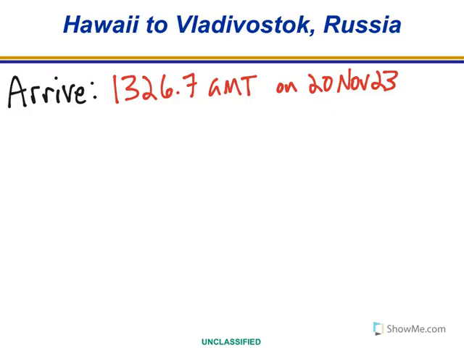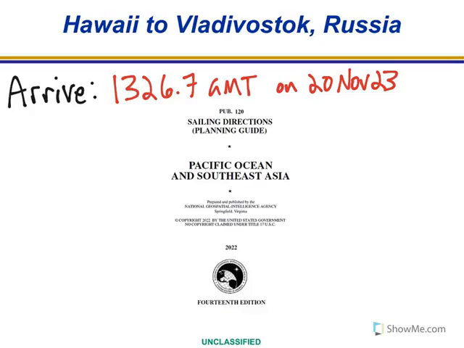And not just any sailing directions, make sure you're looking in the planning guides. Those are pubs 120, 140, 160, 180, and 200. For Russia, we're going to take a look at pub 120. This is the planning guide for the Pacific Ocean and Southeast Asia. So this is the Pacific coast of Russia that we're looking for.